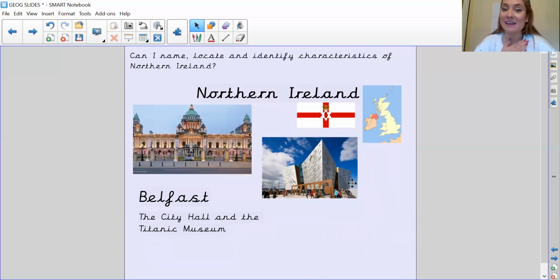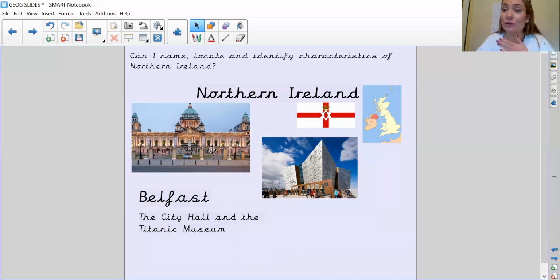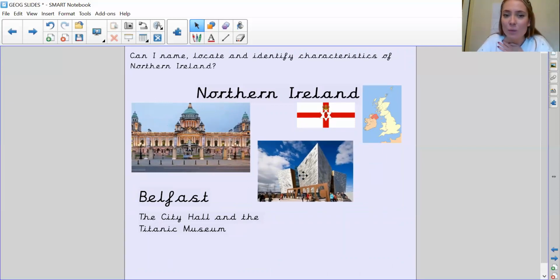Okay, now the capital city, can you remember? Good, I'm testing your memory. Belfast. Fantastic. And here are some places in Belfast. We have the City Hall. And over here, we have the Titanic Museum. Can you see it's a bit like the shape of a ship?